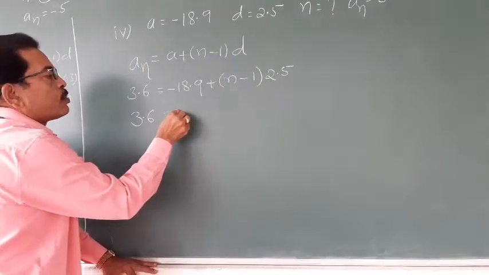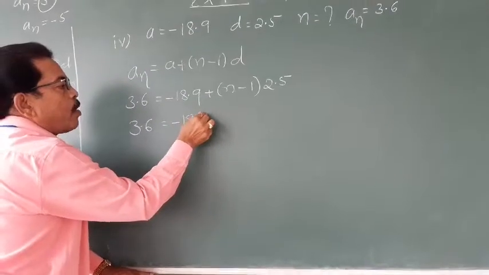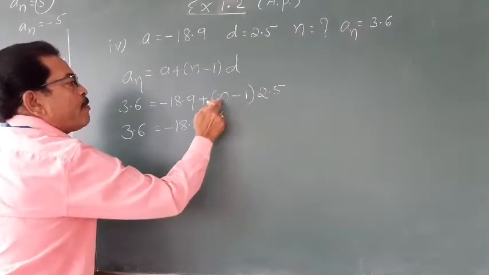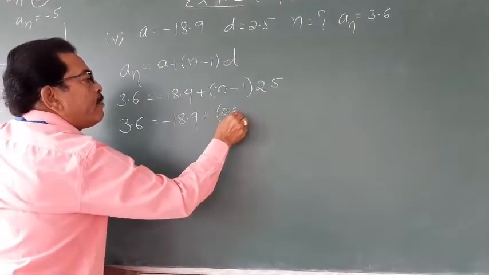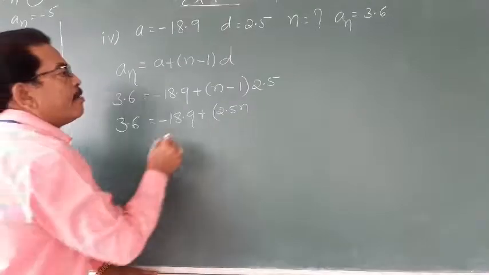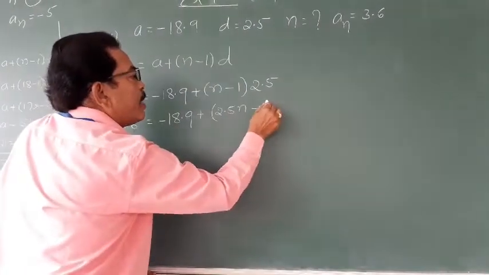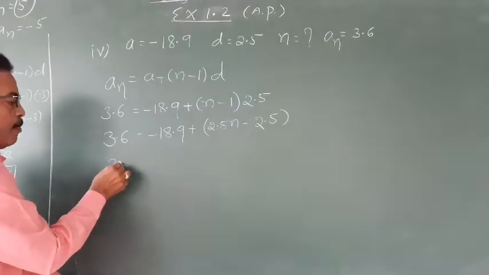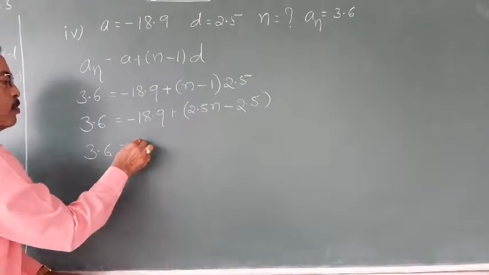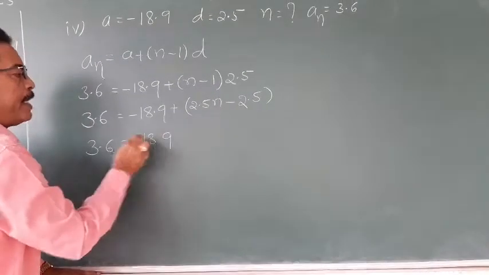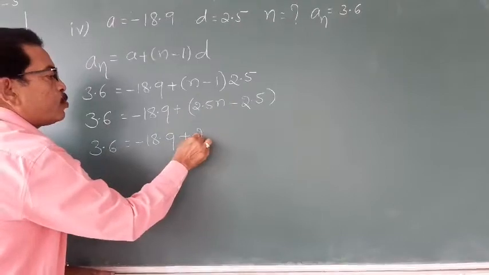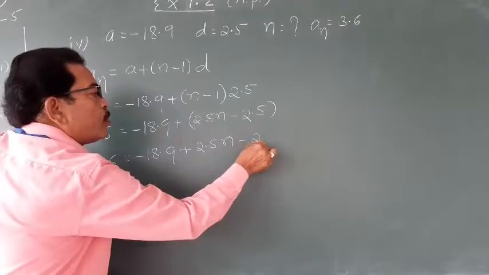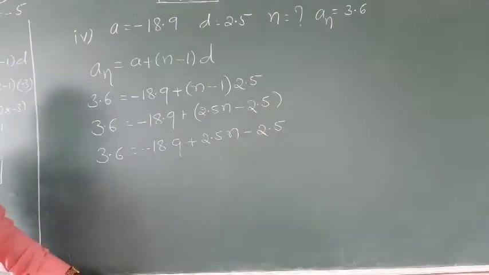3.6 equals minus 18.9 plus, in the bracket, 2.5 into n minus 1, that is 2.5 n minus 2.5. So 3.6 equals minus 18.9 plus 2.5 n, that is minus 2.5.